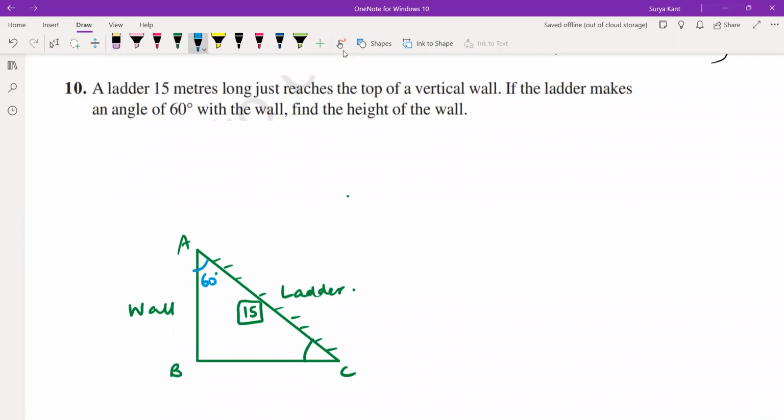Okay. So find the height of the wall. We have to find the height of the wall. If this is theta, this becomes opposite, this becomes adjacent, this is hypotenuse, right?